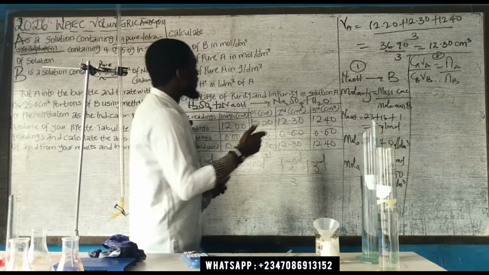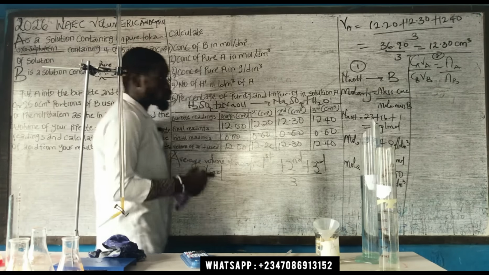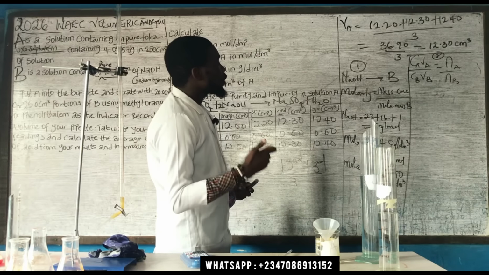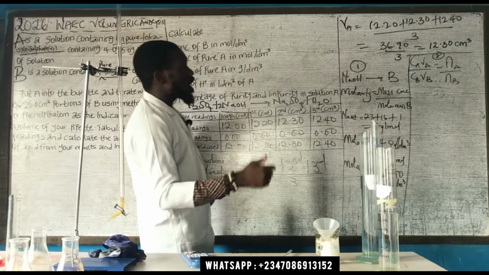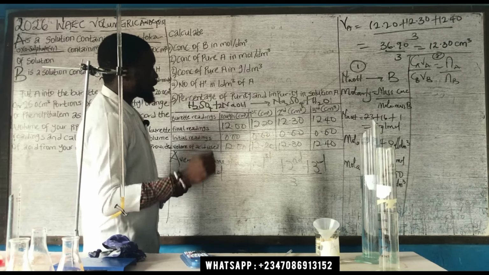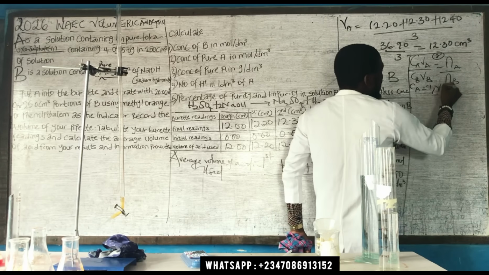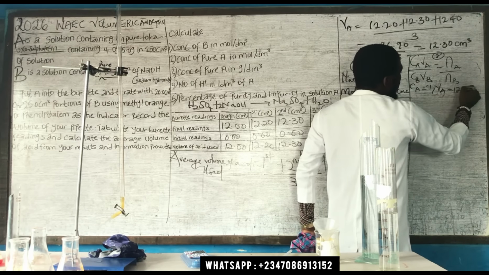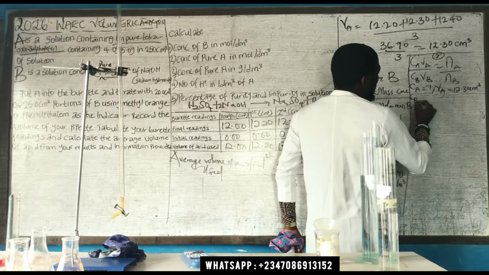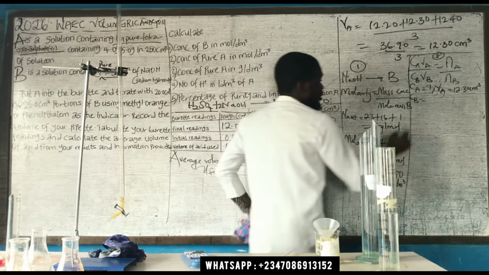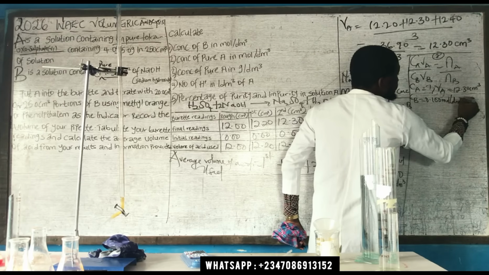Now, what is the number of moles of the acid? We have 1. For the number of moles of the base, I have 2 here. So our Ca, the concentration of the acid in mole per dm cube, is what we are asked to calculate. Our Va, the average volume, is 12.30 cm cube. Our Cb is 0.100 mole per dm cube.